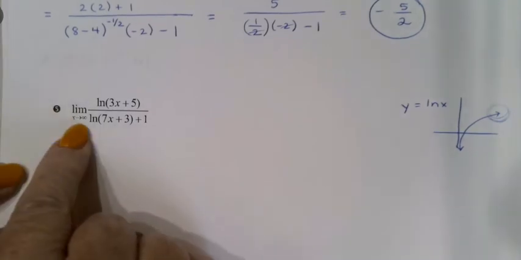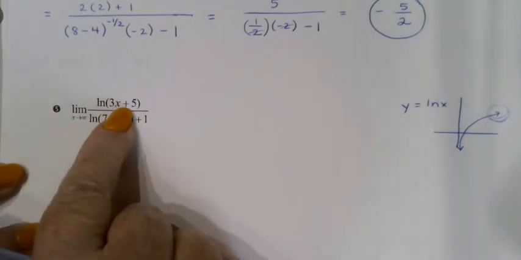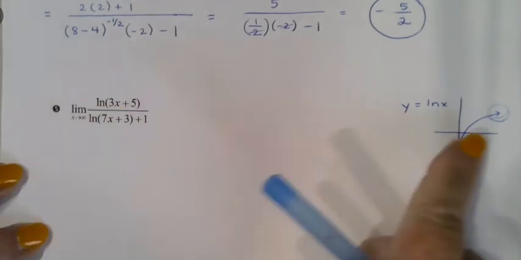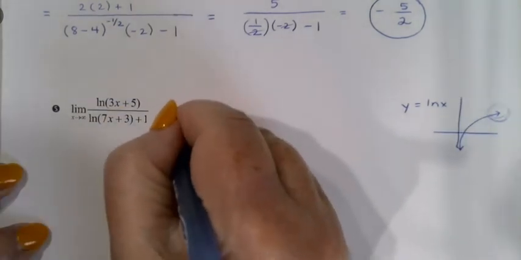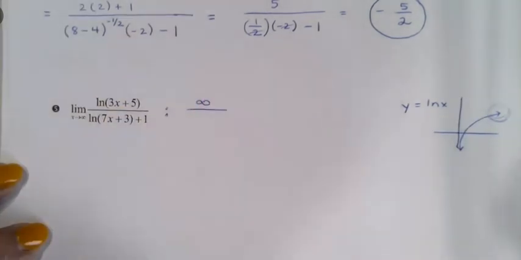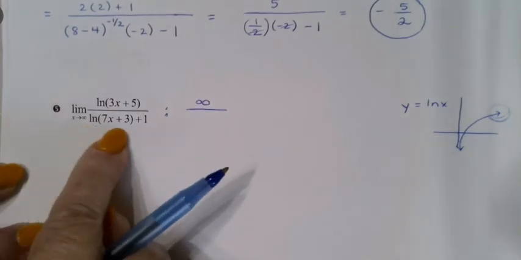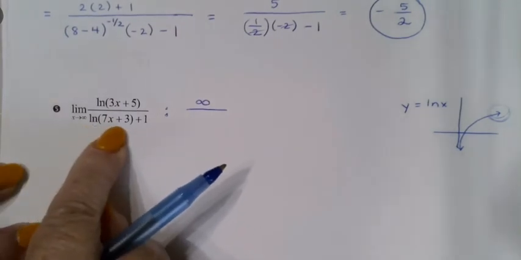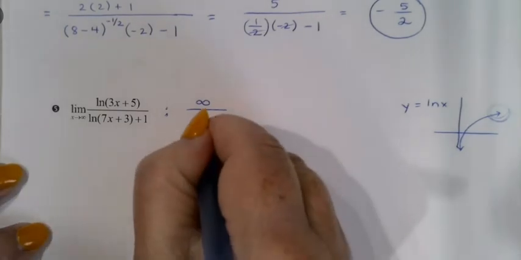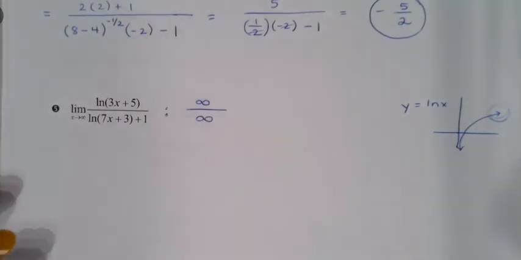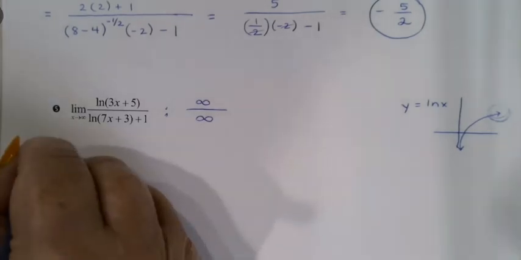So as x goes to infinity, this is like the natural log of infinity, which does go up to infinity. And same idea on the bottom. The natural log of infinity is infinity. Infinity plus 1 is still infinity. So I do have a L'Hopital's rule form, infinite over infinite. And I'm going to go ahead and do my derivatives.